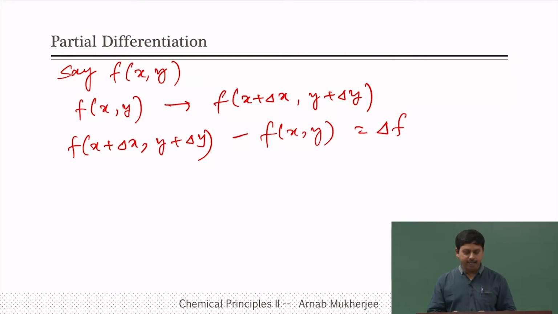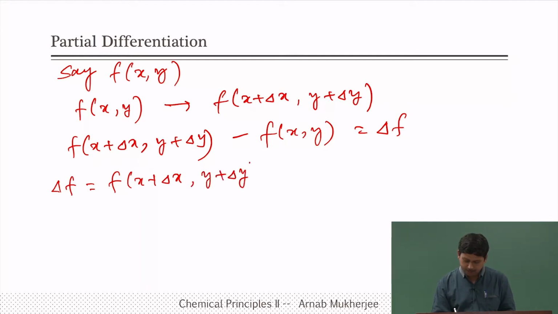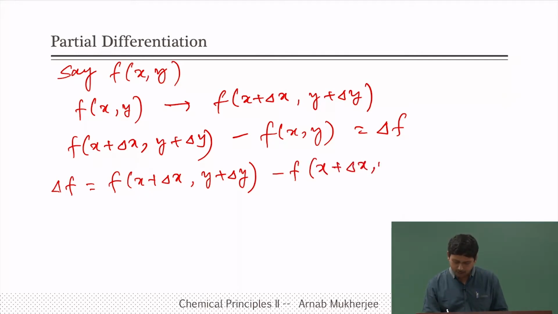So we can write the difference like that, and then we want to add and subtract a particular quantity. We write delta f as f(x plus delta x, y plus delta y), and then we are going to add and subtract the quantity f(x plus delta x, y).